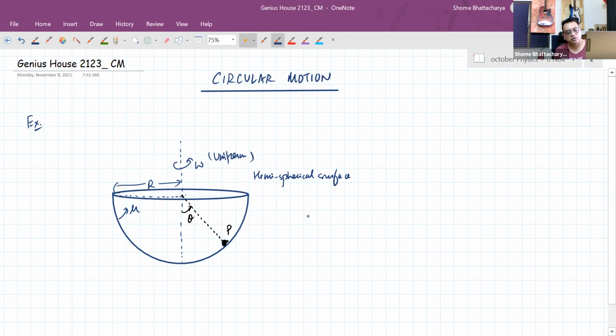So a particle P at theta equal to, let's say, 37 degrees as shown, is at rest with respect to the rotating surface.